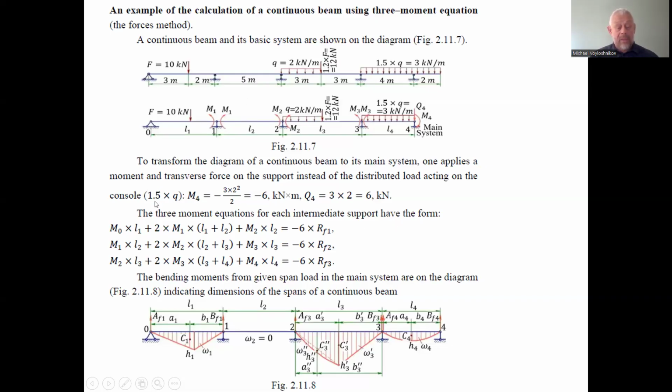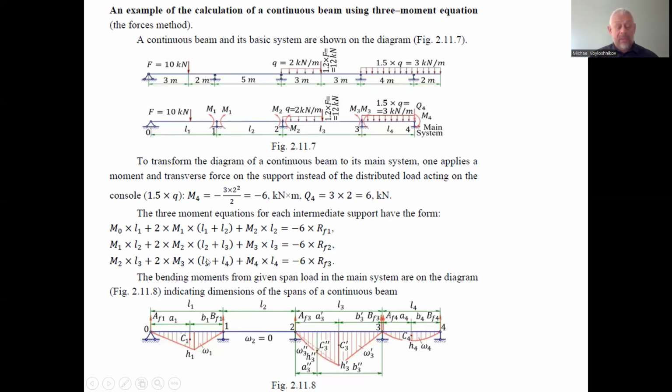For the first one, we have the three moment equation: the product M0 by L1 plus the product 2 by M1 on the first hinge and supporting link, by the brackets, the sum of lengths L1 and L2, plus the product of moment M2 acting on the right end of the second span by the length of the second span, equal to minus 6 times the fictitious load on the first link.